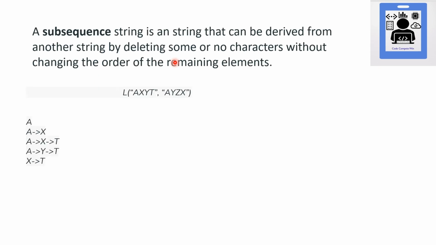For example, for the AXYT string and the AYZX string, you can see that A is common. So if we proceed, we take A and then go for X, which is common. So only AX, both strings contain AX as a common subsequence.